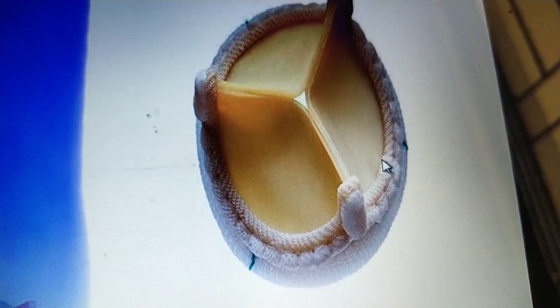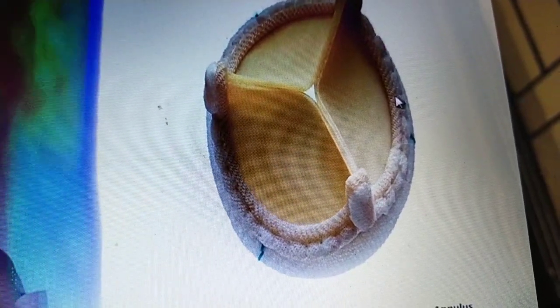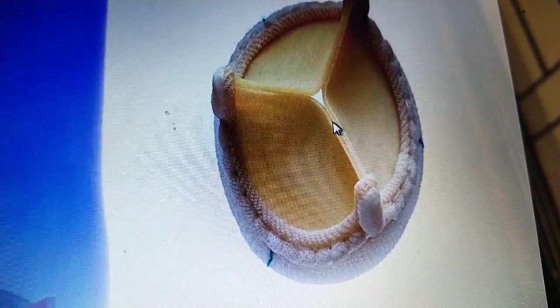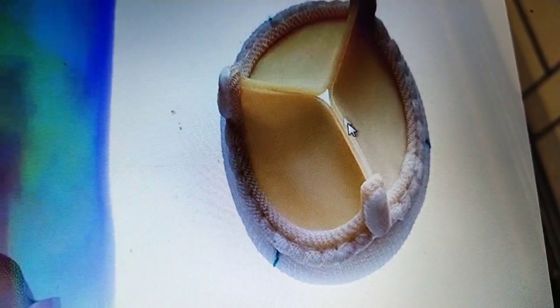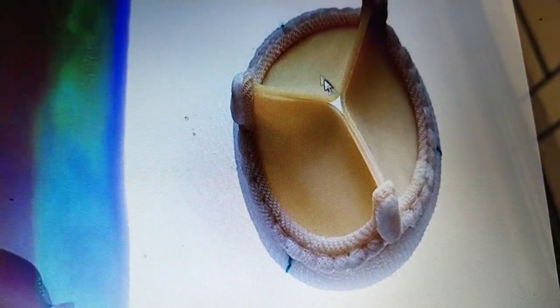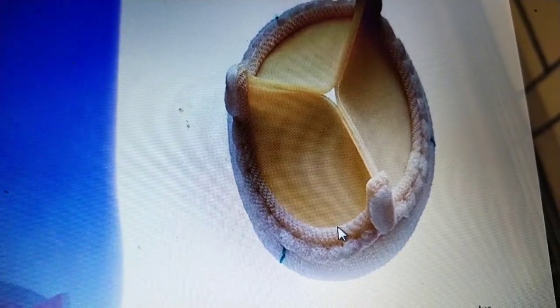Here also a supporting structure is there in the aorta or pulmonary trunk. It is present in pipe-like structures, and it forms a complete socket or pocket-like structure. These pockets are called the cusps of the valve.